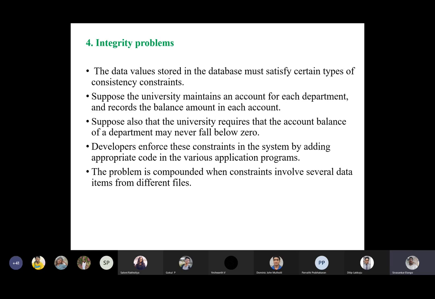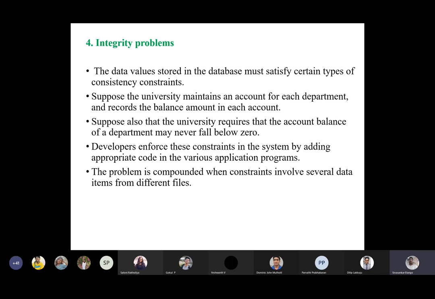Or people with an address in Trichy alone can start an account. So you have a lot of constraints. It is very difficult to enforce the constraints in the case of a file processing system, whereas in the case of a database management system, it is easy for you to enforce the constraints. So that's the advantage of database management system.